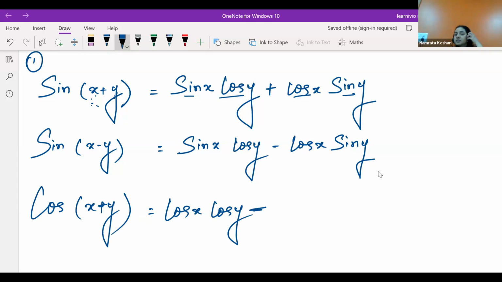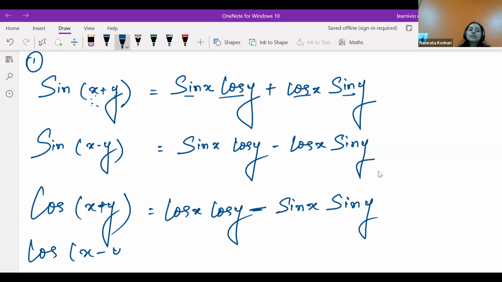But for cos, exactly the opposite scenario we are having. So cos of x plus y is cos x cos y minus sin x sin y. Cos of x minus y will be the same formula, but here negative is there and in between there will be a positive symbol.